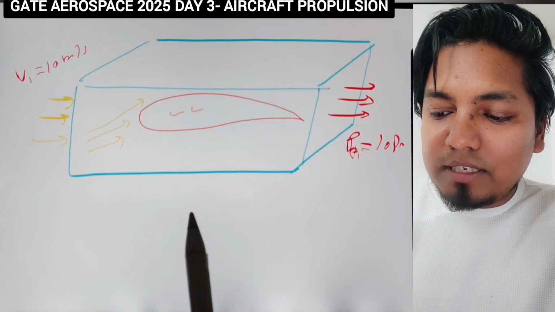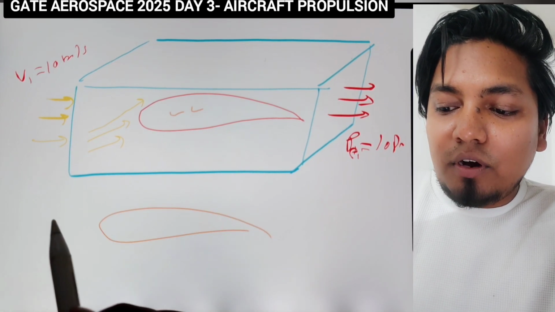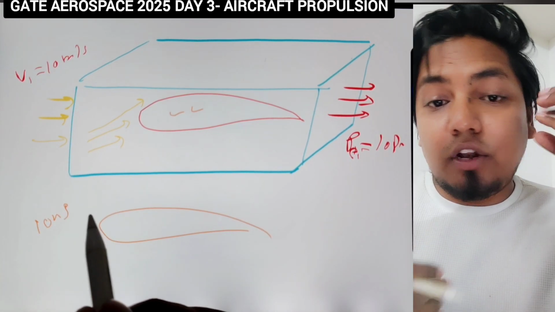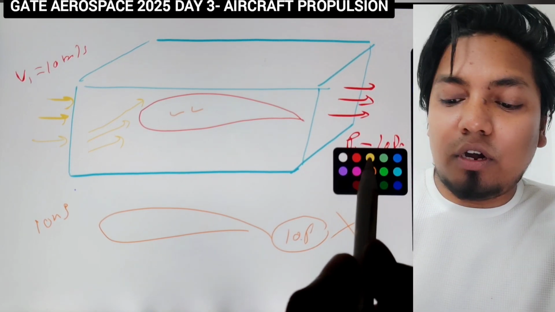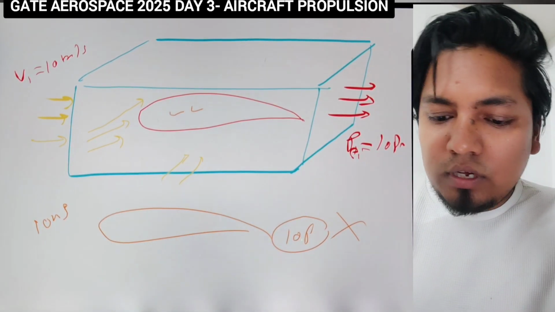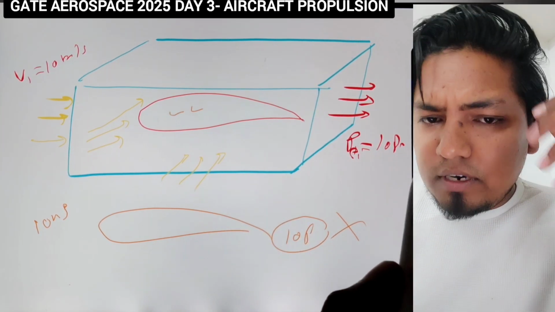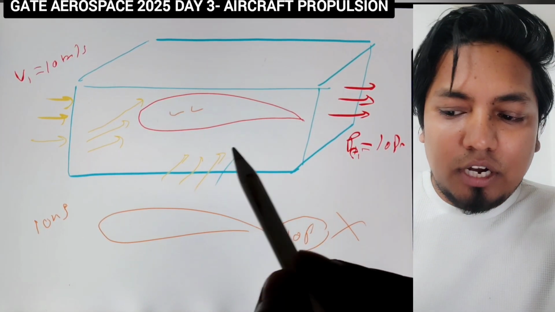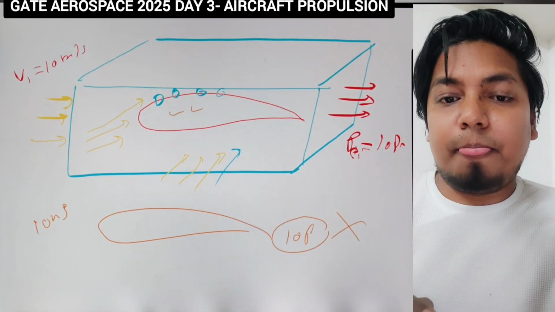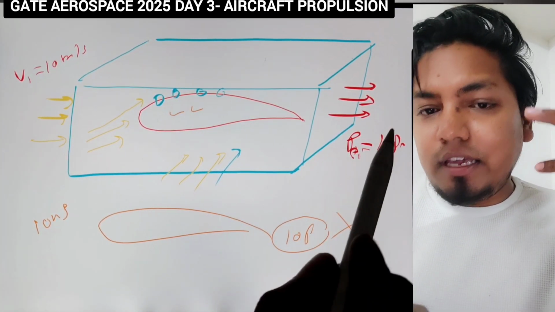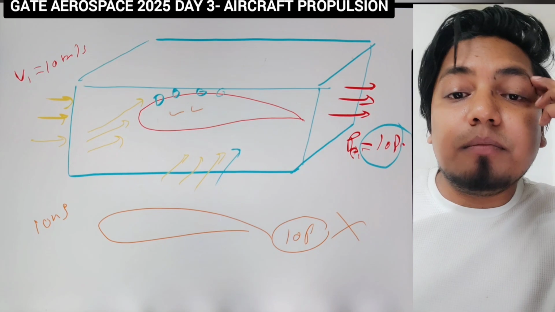Do you think 10 pascal will be there? No. Why? Because here a lot of things we cannot include in the analysis, a lot of realities we cannot include. In real life, surface friction, gravity and other things will be included. Do you think exactly 10 pascal will come at the exit? Never. Some changes will be there. Why? Because the system is not reversible.